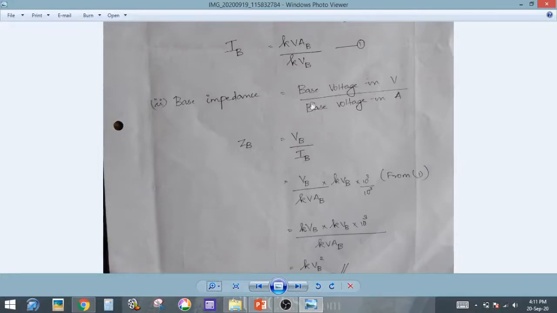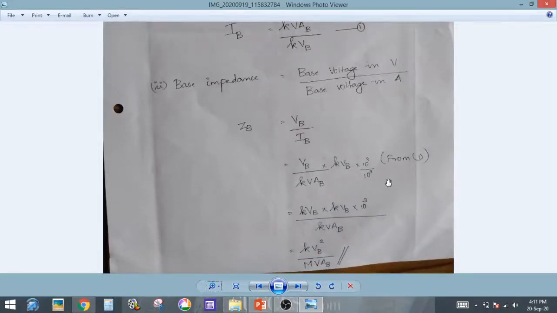VB divided by kVAB divided by kVB, which is going to the numerator. Here, for the simplification, I am dividing the expression by 10 raised to 3. So this VB divided by 10 raised to 3 becomes kVB into kVB in the numerator part, 10 raised to 3, the whole divided by kVAB. kVB into kVB, that is base kV into base kV, base kV the whole square.